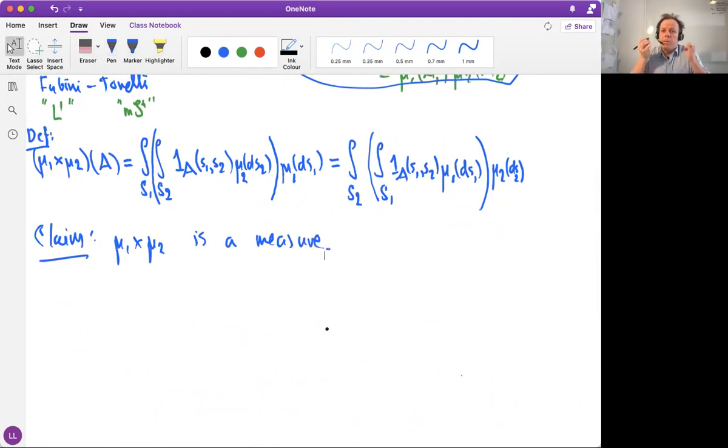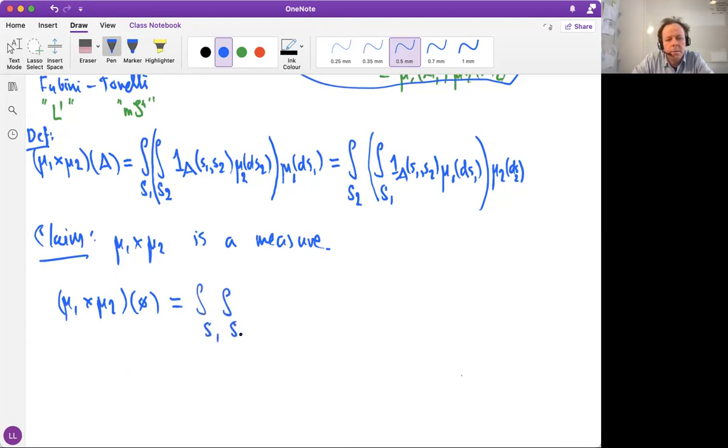Yeah. What do we need of a measure? The simple thing first is to look, okay, what's the measure of an empty set? If we plug in empty set here, then you know that the integral of an empty set is 0. So then we have integral S1, integral S2. We are integrating 0 with first mu2 and then with mu1.